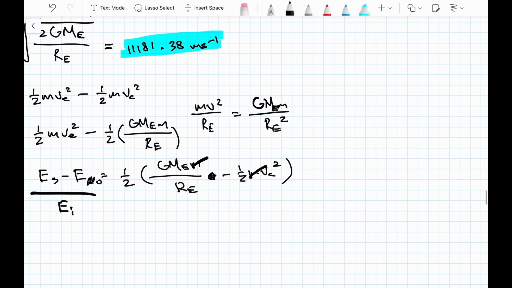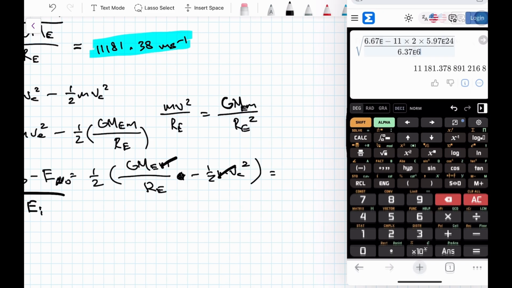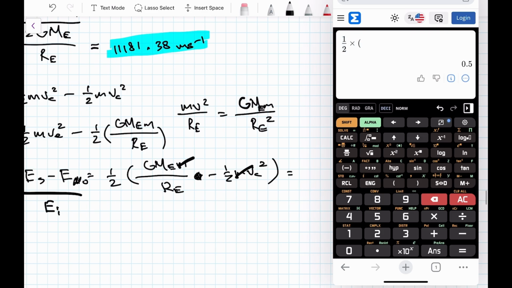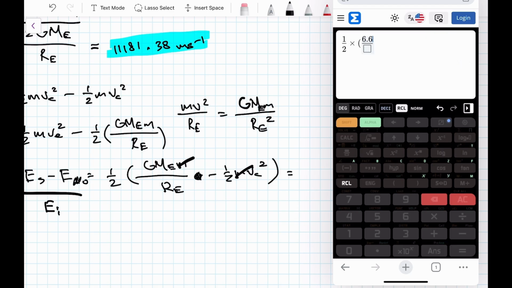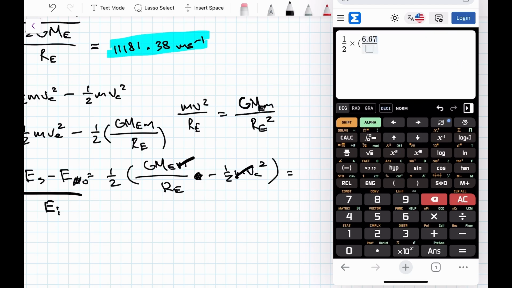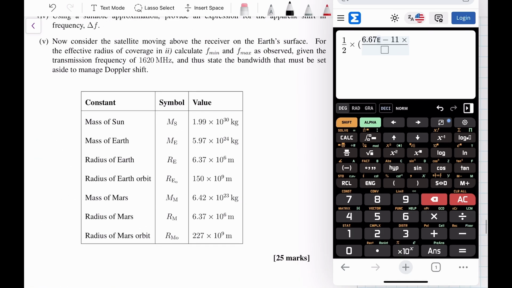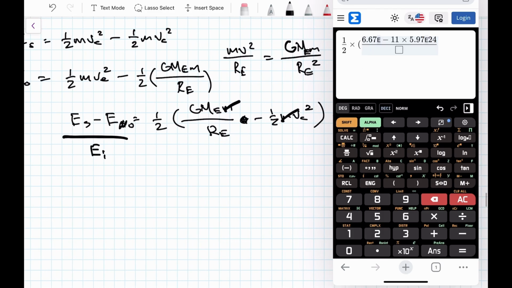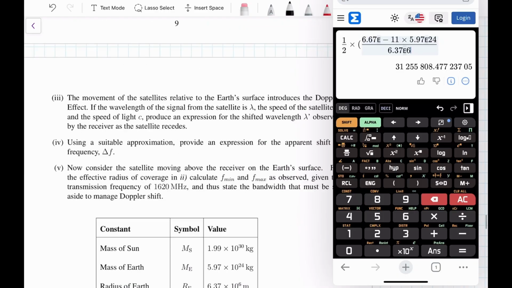So the numerator should be equal to a half multiplied by 6.67 × 10^-11, multiplied by the mass of the Earth, 5.97 × 10^24, divided by 6.37 × 10^6, let me just double check that.